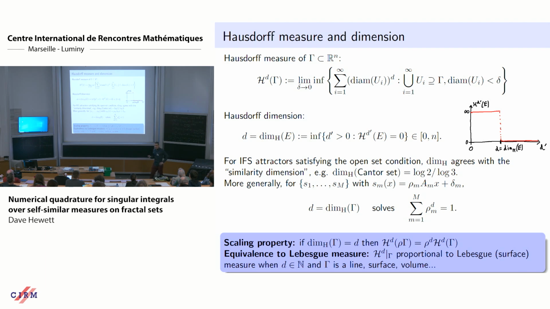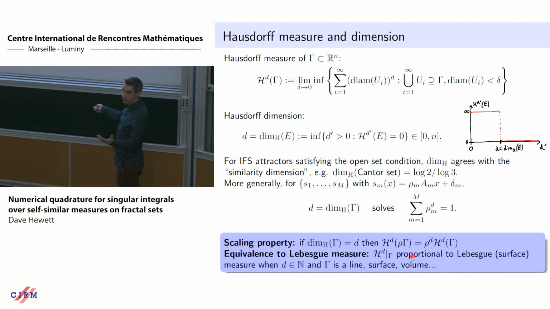Okay, for the purpose of this talk, we're really going to now start using some of the properties of these measures, and a key property is this scaling property, which is a generalization of what we see for Lebesgue measure on R^n. So if the dimension of the set is d, and we look at the Hausdorff d-measure, if we scale the set by a factor rho, then the measure gets scaled by rho to the power d. And this is what we're used to for 1D integrals.